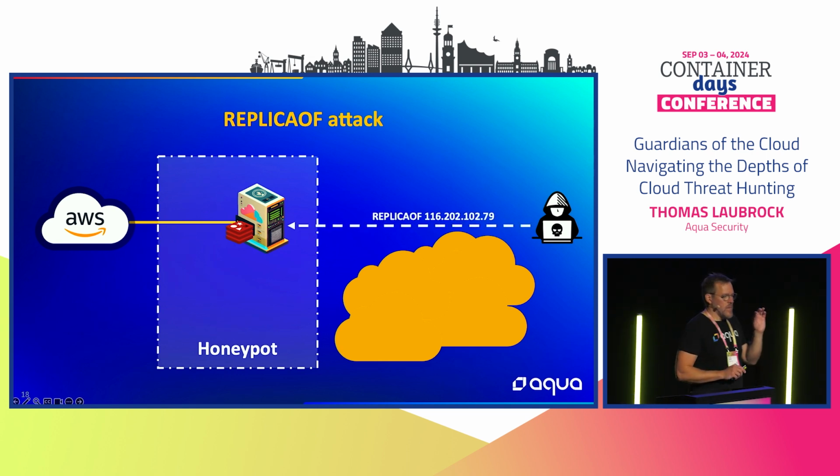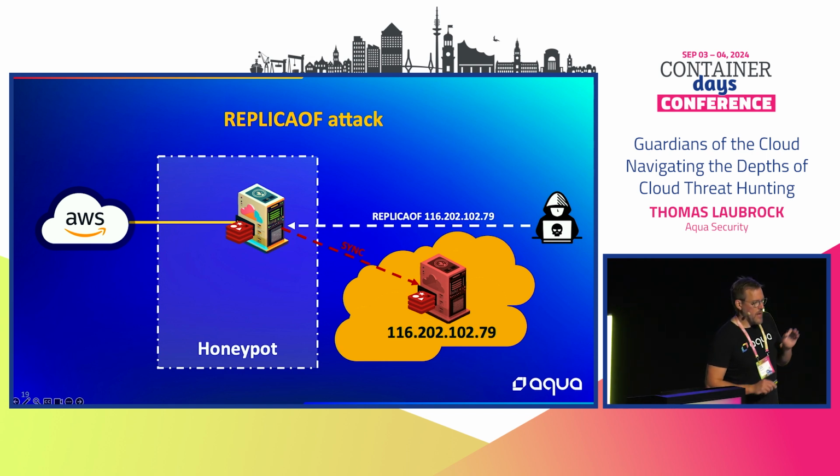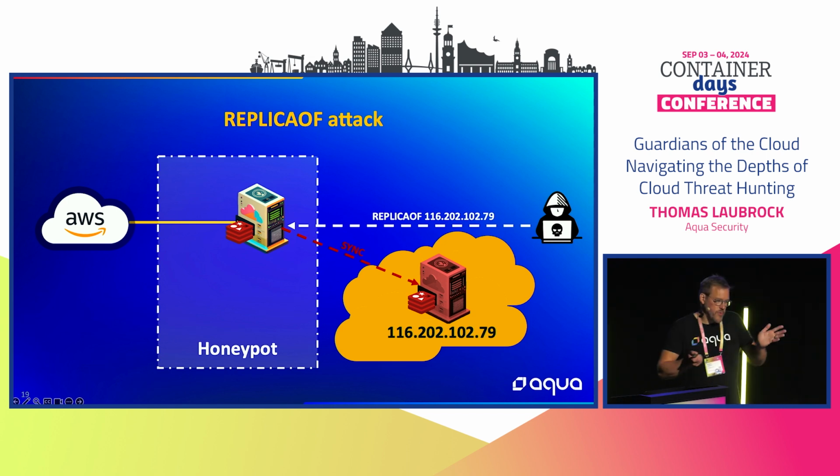And what we have monitored is that the attacker is spinning up another Redis server and registers this Redis server as a replica of the original one. This, first of all, will leak information out of the Redis server. Of course, it's only possible if you have your Redis server exposed to the internet, right?